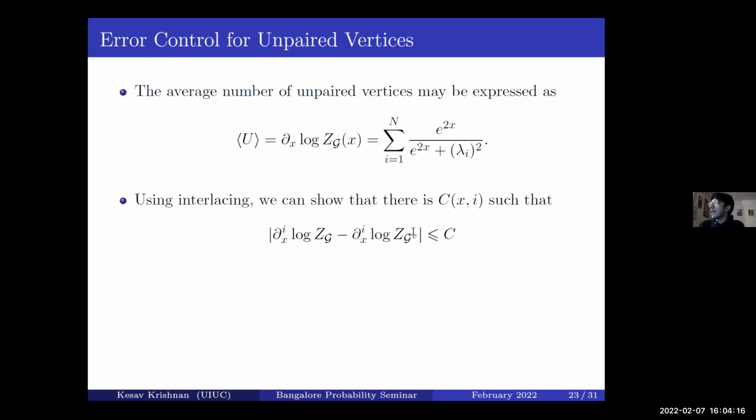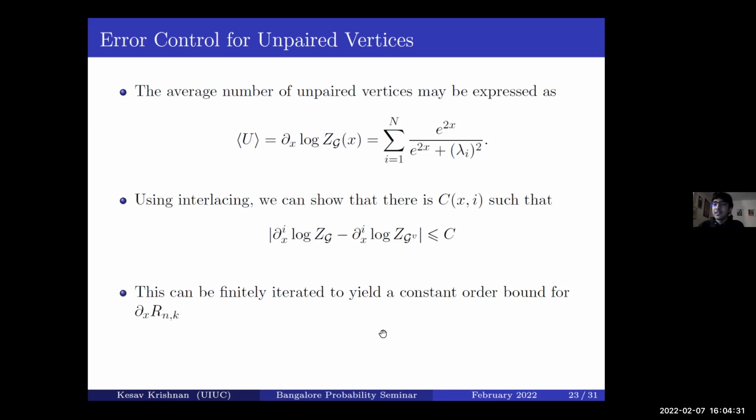So you can control what happens to that average, and you can show that removing a single vertex has the effect of changing the average by an amount that's at most bounded by a constant. And this can be finitely iterated to yield a constant order bound for the derivative of your error term. The subadditive lemma then applies to the Gibbs average of the number of unpaired vertices, and then you have a limit for that as well.